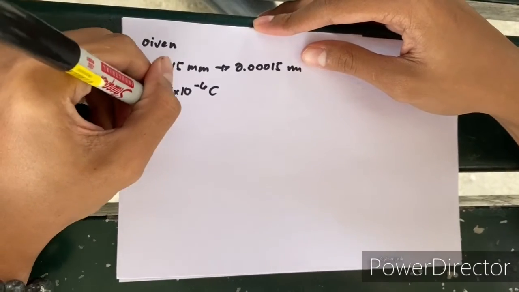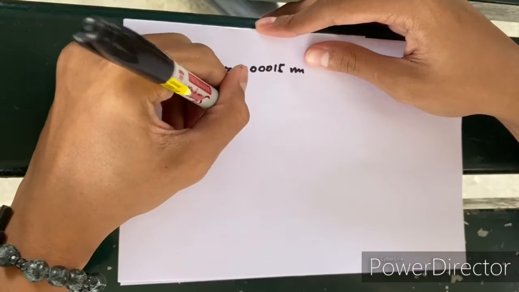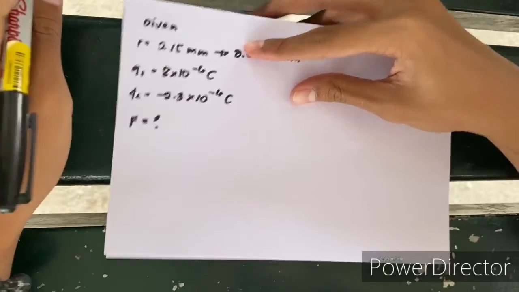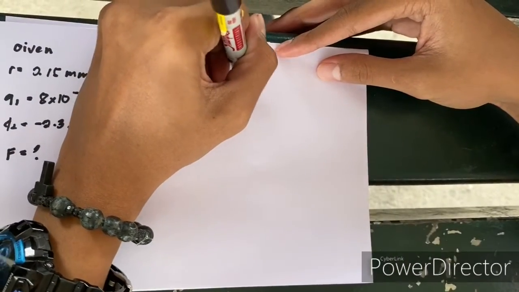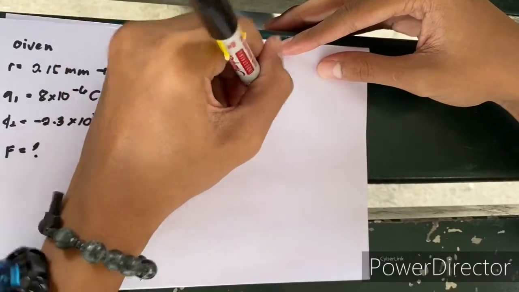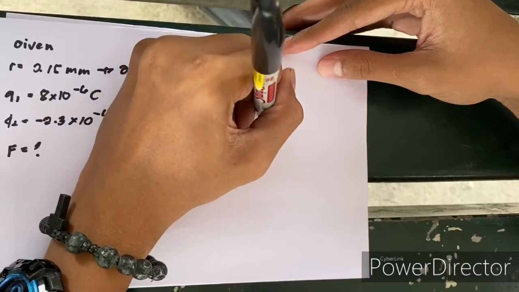Second charge, negative 2.3 times 10 raised to negative 6 coulomb. Formula: F equals kQ1Q2 over r squared.